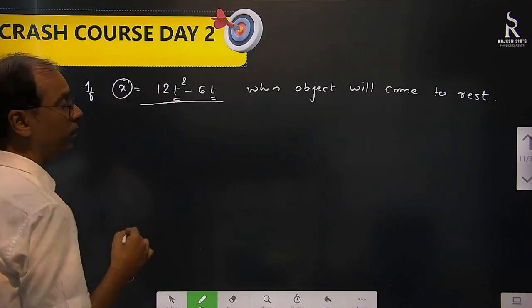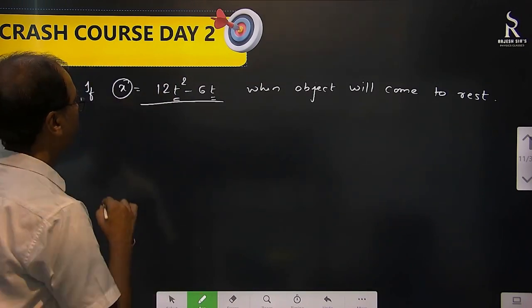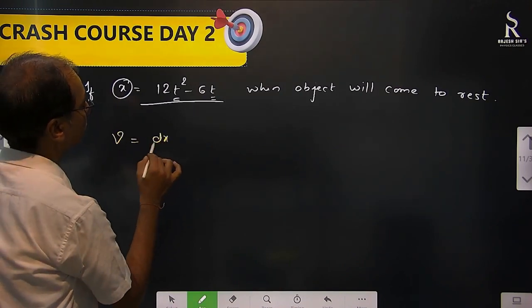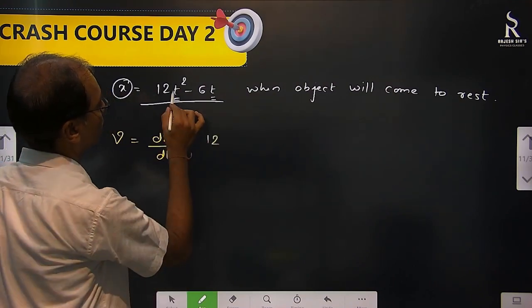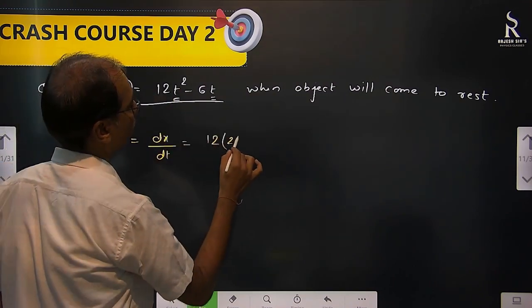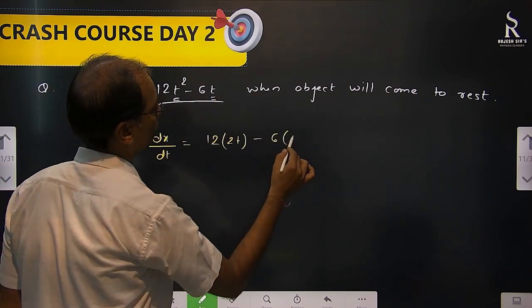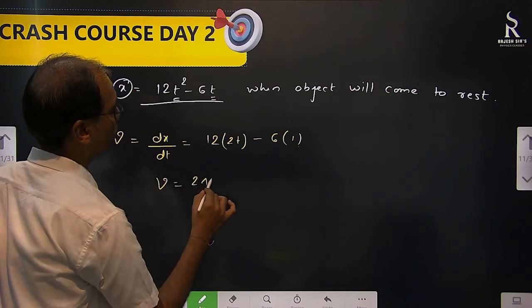So first we have to get the velocity, and which velocity? Instantaneous velocity. Instantaneous velocity means dx by dt. So 12 times the differentiation of t square, which is 2t, minus 6 times the differentiation of t, which is 1. So v is coming as 24t minus 6.